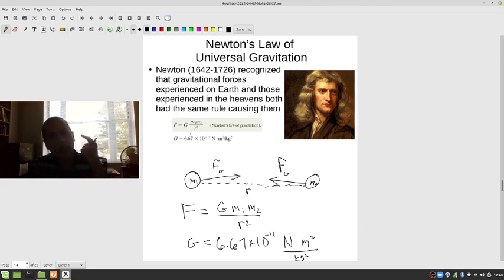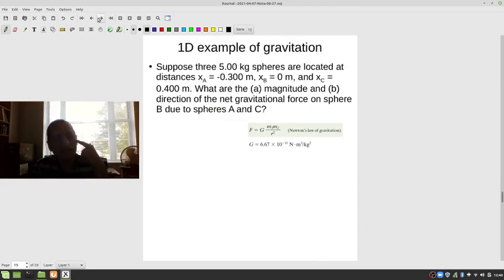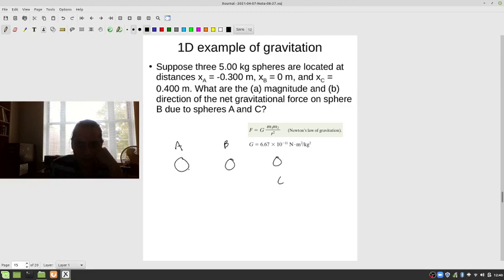So let's just look at a couple quick examples of this that'll help us to conceptualize this. So here's A, B, and C, 3 masses. And let's just put them along a line.